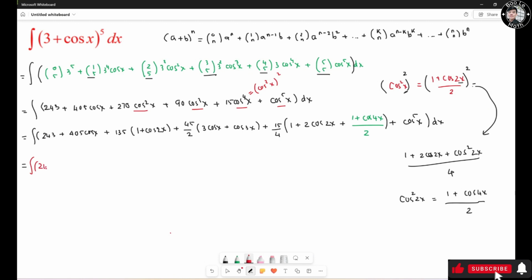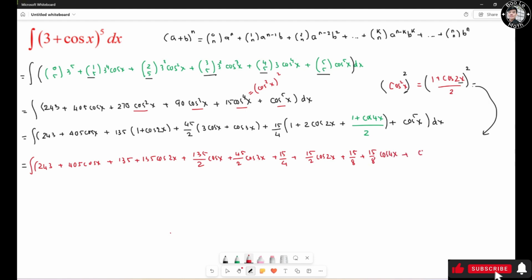The integral of 243 plus 405 cosine of s plus 135 plus 135 cosine 2s plus 135 over 2 cosine of s plus 45 over 2 cosine 3s plus 15 over 4 plus 15 over 2 cosine 2s plus 15 over 8 plus 15 over 8 cosine 4s plus cosine to the fifth of s altogether ds, right?